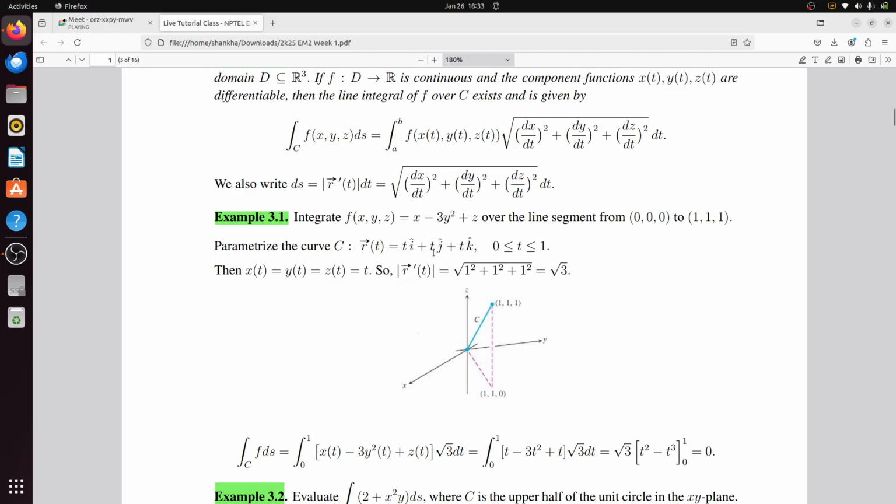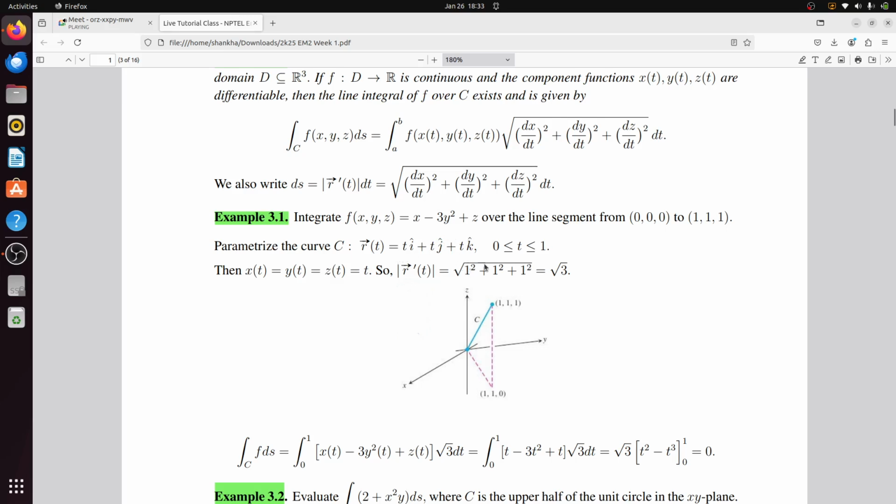So x(t) equals y(t) equals z(t) equals t. What will be your arc length ds? Arc length ds will be |dr/dt| dt, so you take the modulus. Taking the derivative, here you will get 1, here also 1, here also 1.